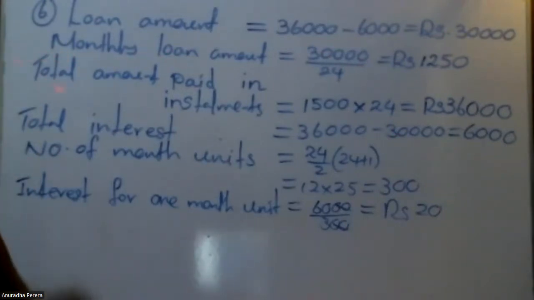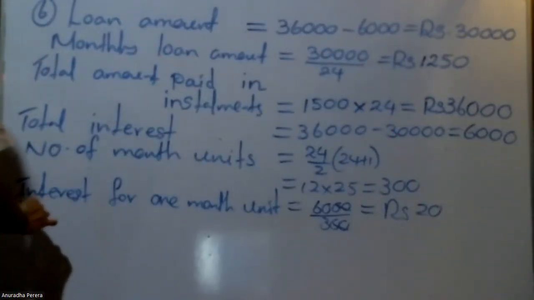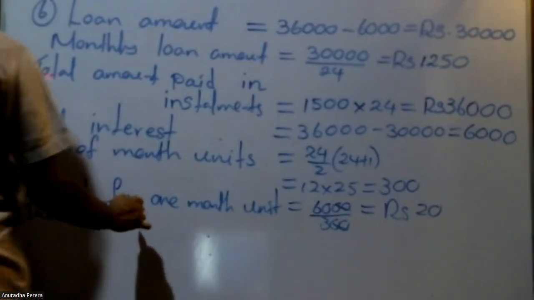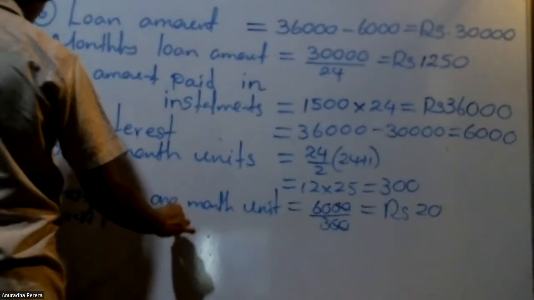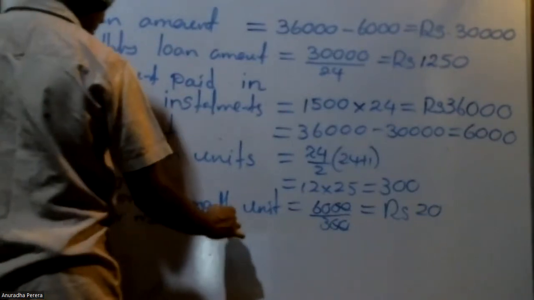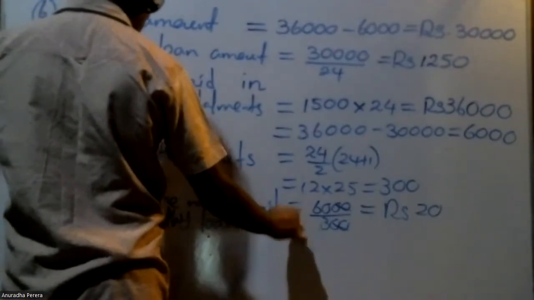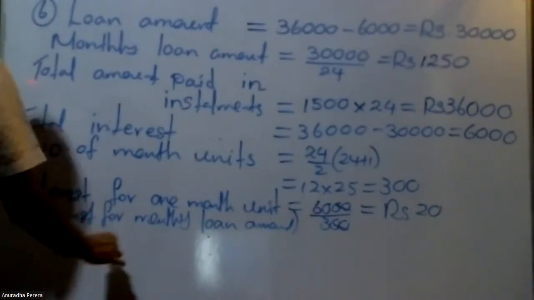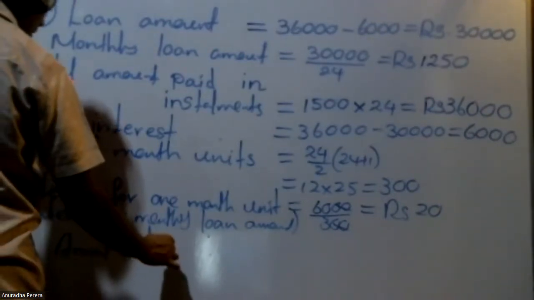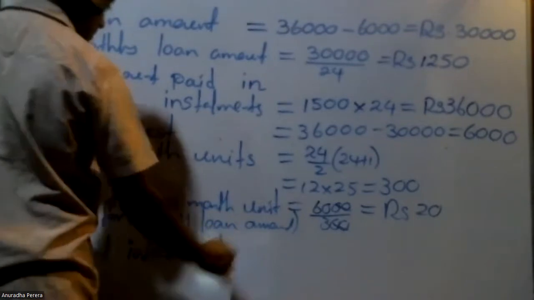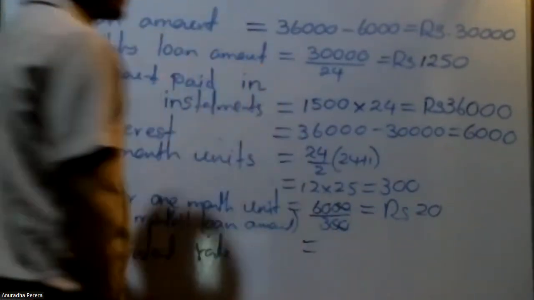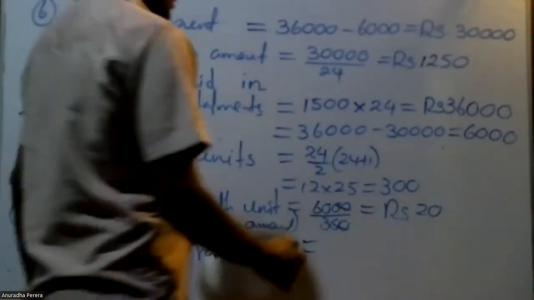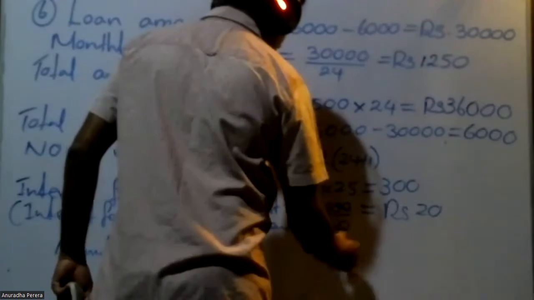This is called interest for 1 month unit, means interest for monthly loan amount, right? Then annual interest rate. 20 rupees should be paid.